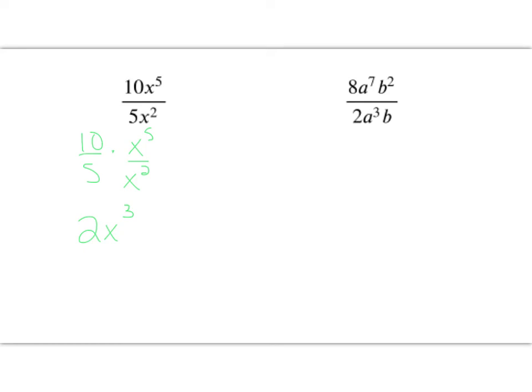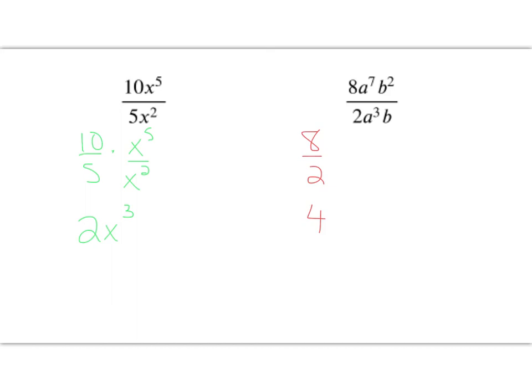The very last one, we've got 8, a to the seventh, b squared, all divided by 2, a cubed, b. So I want you to look at the coefficients and I want you to tell me what your new coefficient is going to be. I do 8 divided by 2 and I get 4.